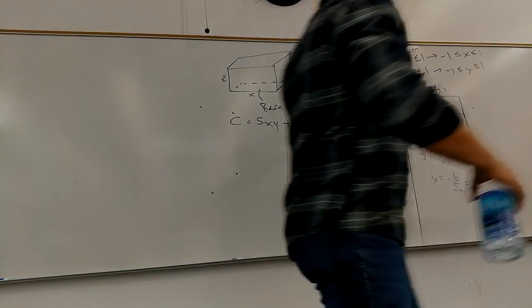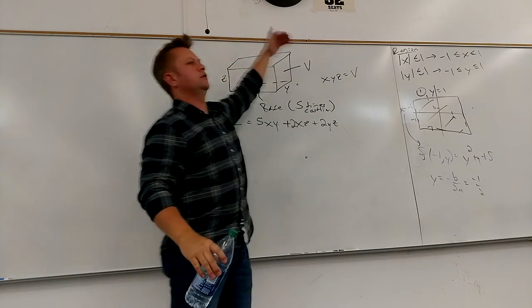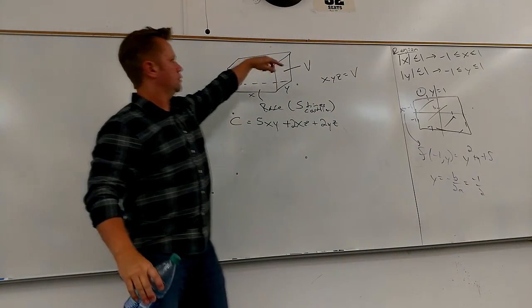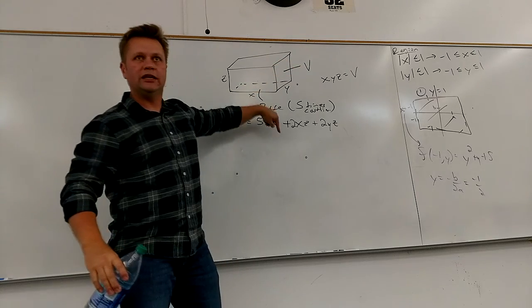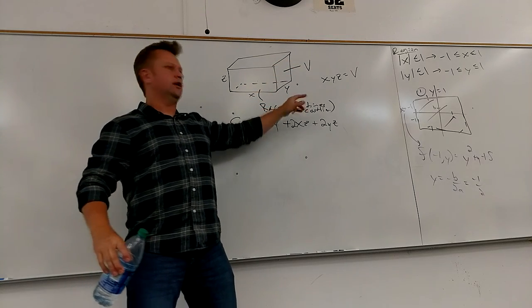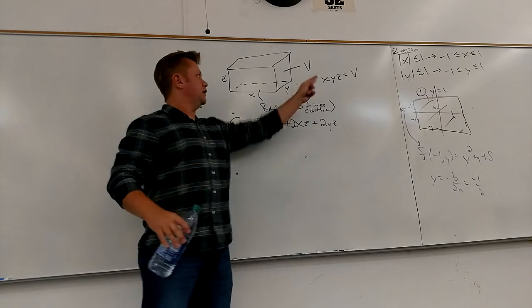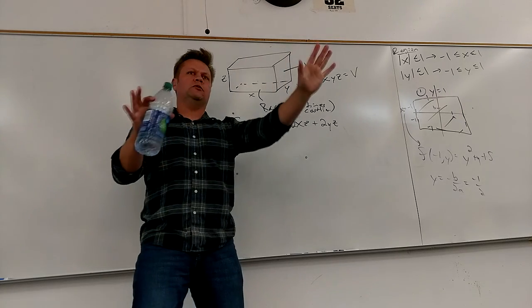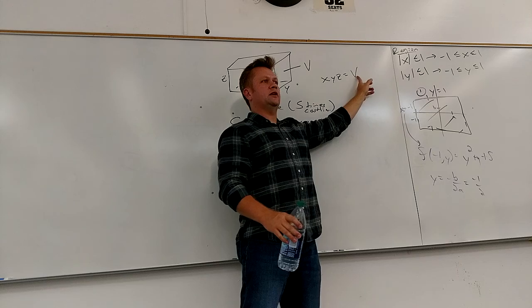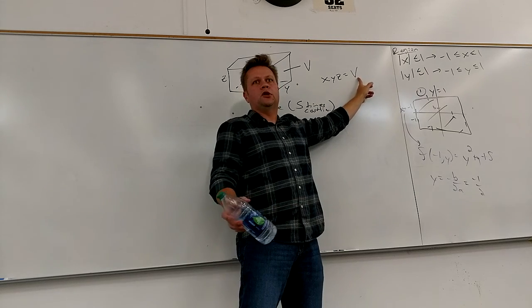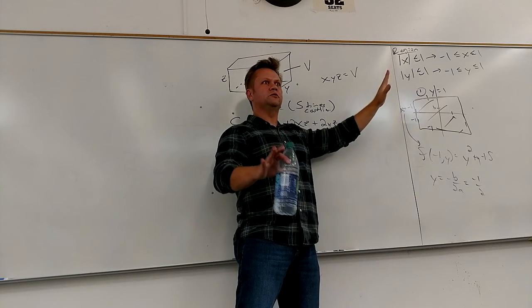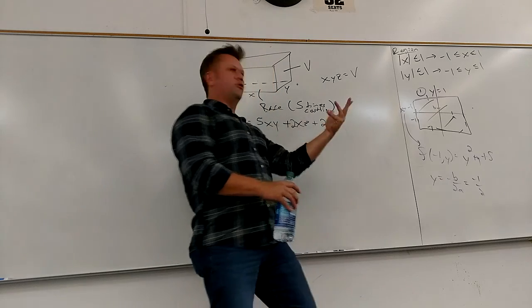That's why I always say: use what they tell you in what they ask you, so I don't have too many variables running around. And V is a number that I don't know. It's not a true variable; it's just coming along for the ride.